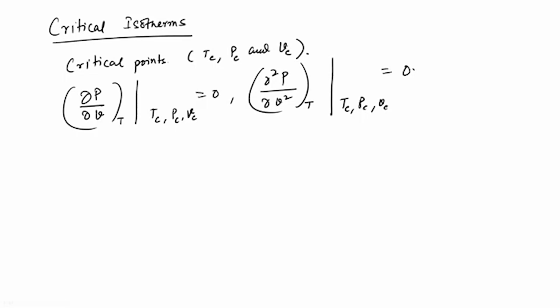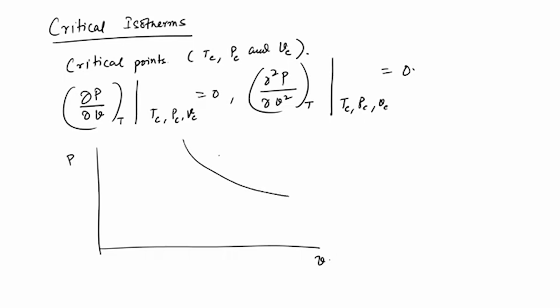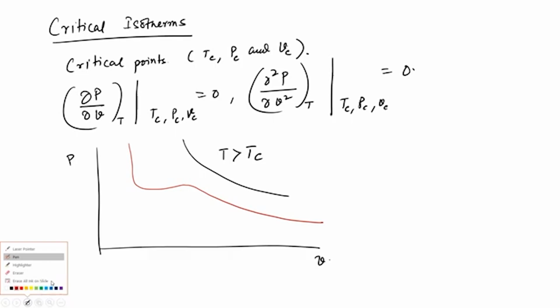And one can calculate these things and get these isotherms in the PV diagram. So, this is P and this is V. For T greater than Tc, we have this isotherm. The critical one is like this, and this is for T equal to Tc, and we have the critical point here.